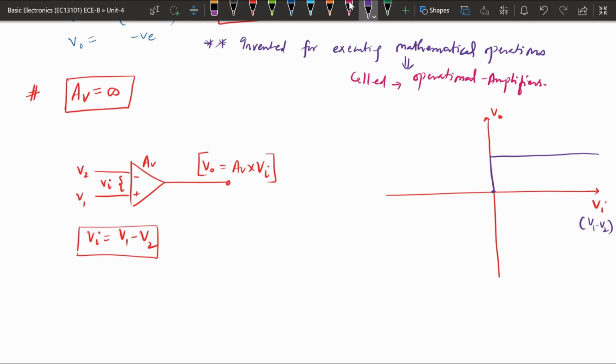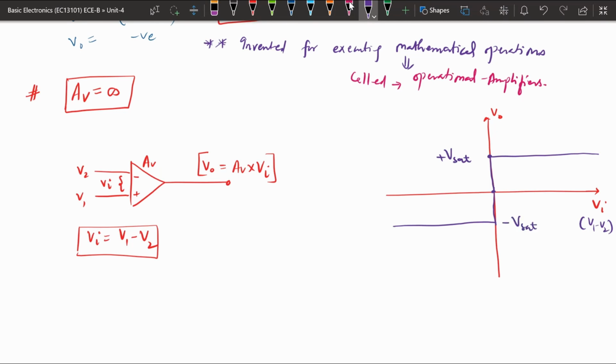Similarly, if the input voltage is negative, the output will be a constant negative voltage. So this value of positive output will be plus V set, and in the negative case it will be minus V set.